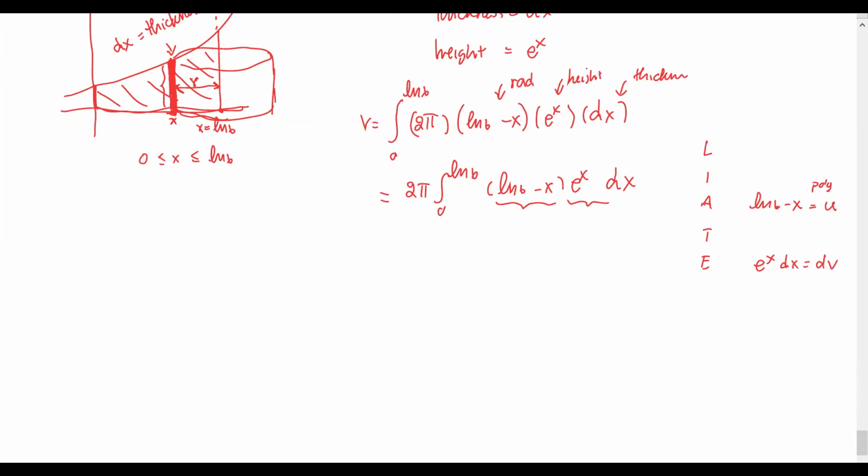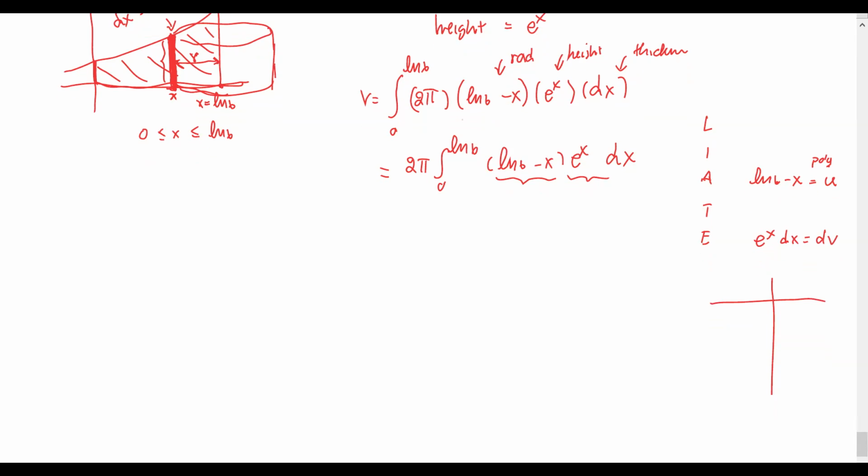As u is a polynomial function, we're going to use the tabular technique, or the tabular method. In the left column, we find the derivative. In the right column, we find the antiderivative. Starting with the left column, identify u, or natural log 6 minus x. The right column, starting with the dv, which is e to the x.